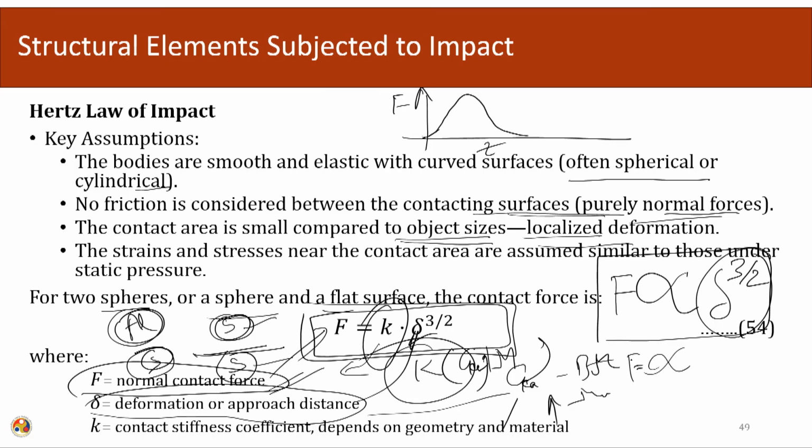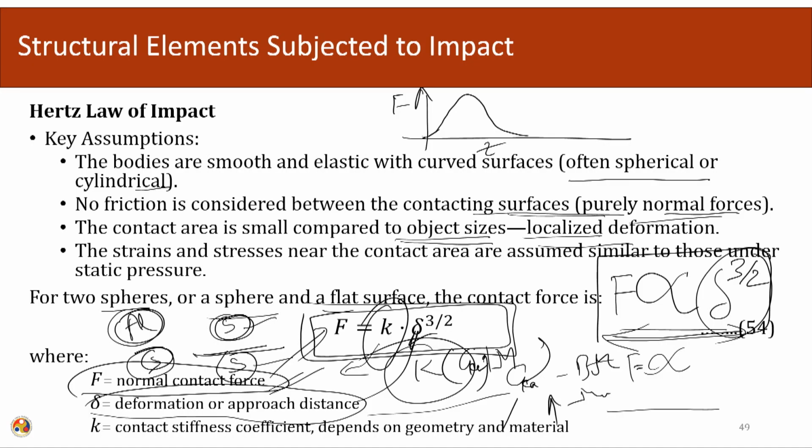And these contact forces, we can use to give the magnitude of the externally applied load in a system, because whenever we are dealing with an impact type of situation, what we have is an externally applied mass coming with a velocity. But if we have to calculate the contact forces, we can use the Hertz law, and we can put that as a forcing function in the analysis of a multiple degree of freedom system.